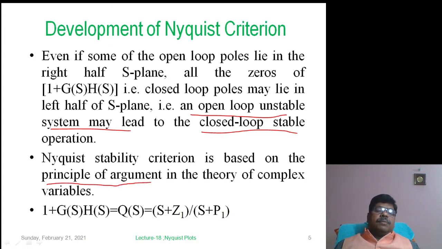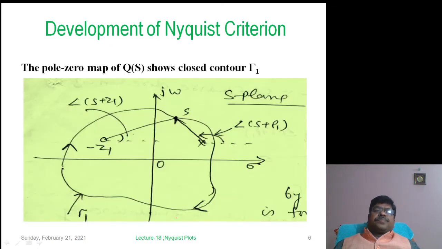So, that is simply 1 plus G(s)H(s) equal to Q(s), or (s plus z1) divided by (s plus p1). Here, a contour has been drawn in the S plane, with sigma the real axis and j omega the imaginary axis, and the contour is drawn like this.